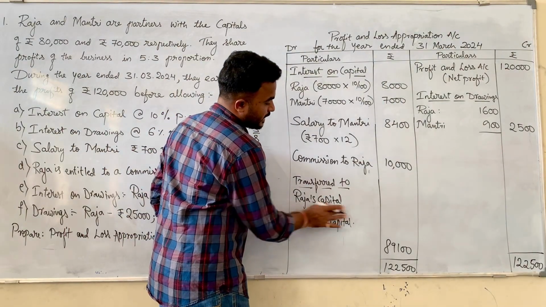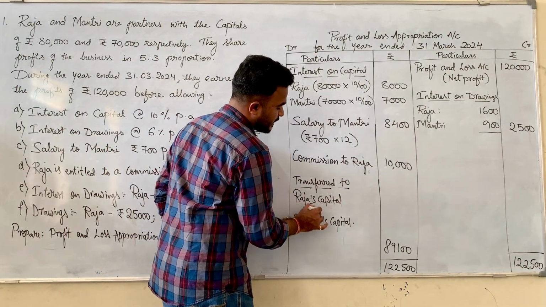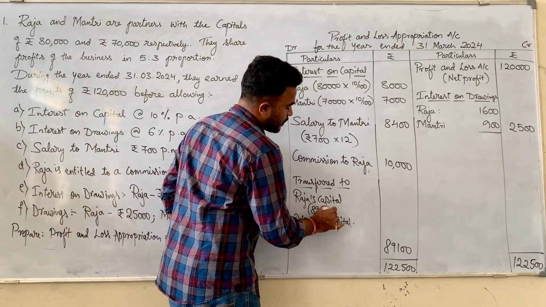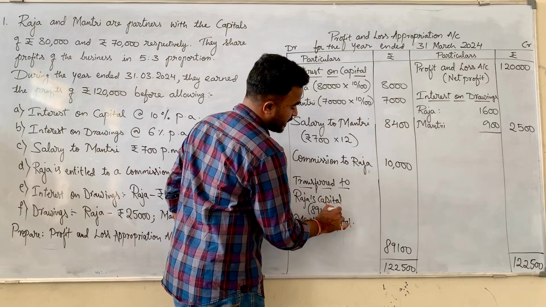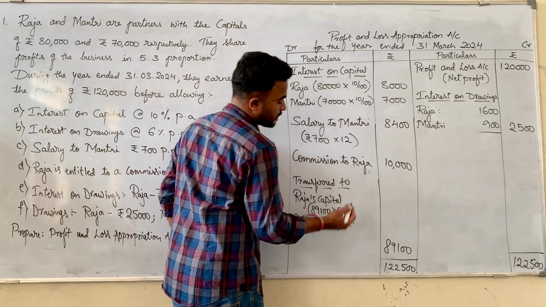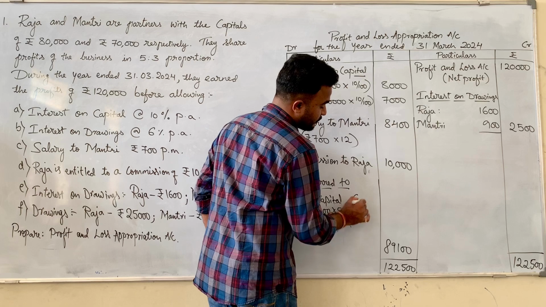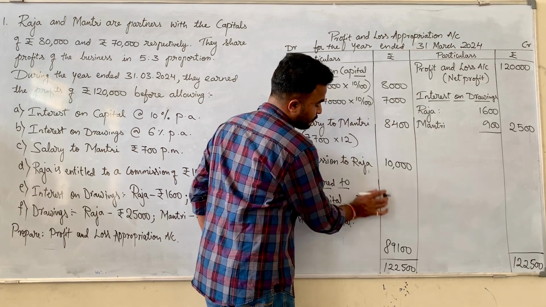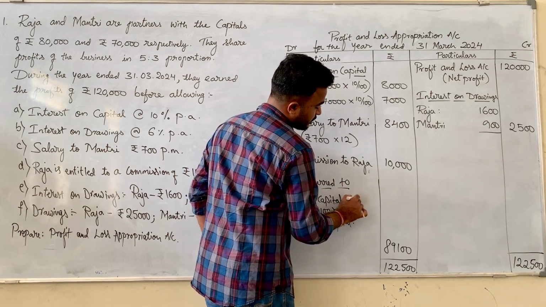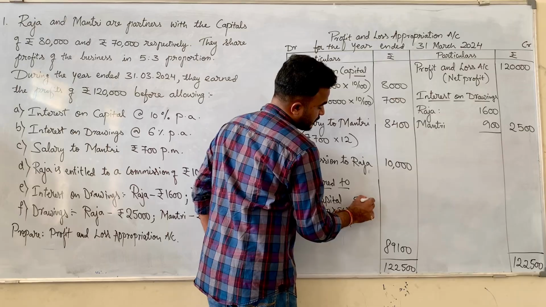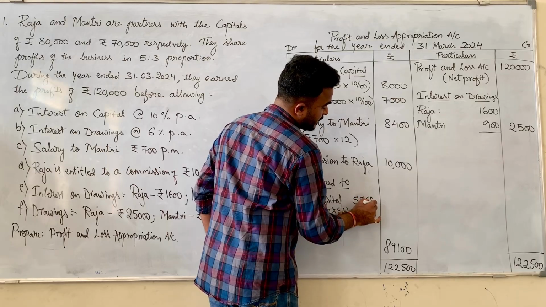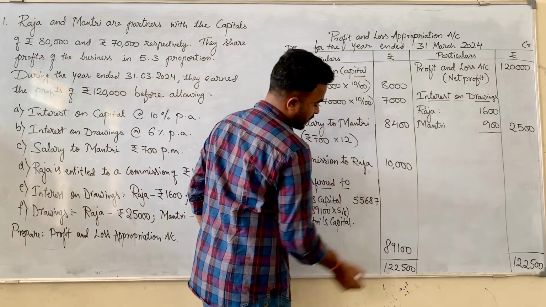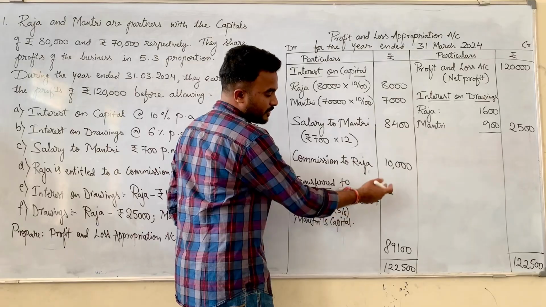So 89,100 into 5/8. How much? Let us round it off.